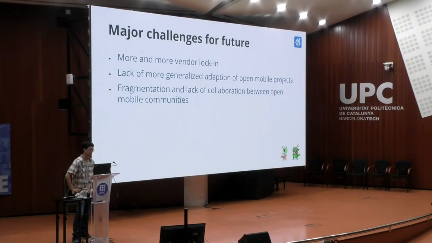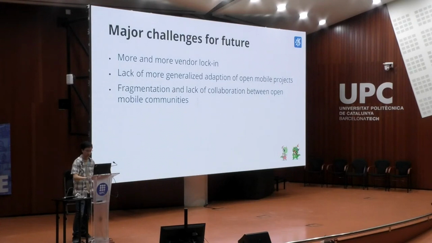We have lots of open mobile project communities. There are lots of distributions, lots of communities working on the user interface, and lots of community people working on the applications. But in general, we feel like there is a fragmentation between these communities and a lack of collaboration.